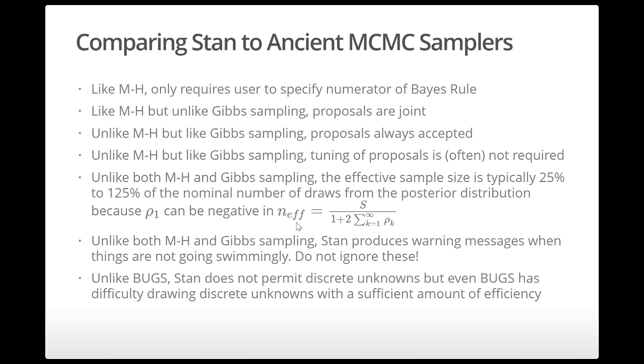The main downside of Stan, at least perceived, is that unlike BUGS, Stan does not allow the parameters that are unknown to be discrete. Not only do they have to be continuous, the posterior distribution has to be differentiable.